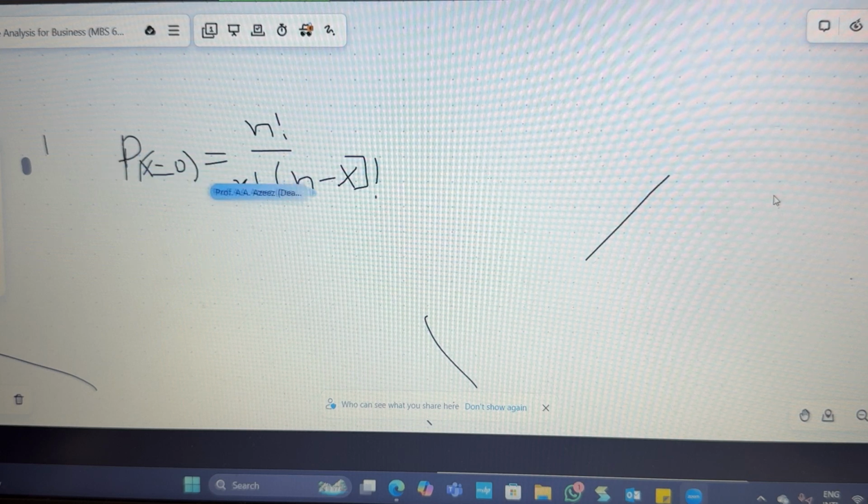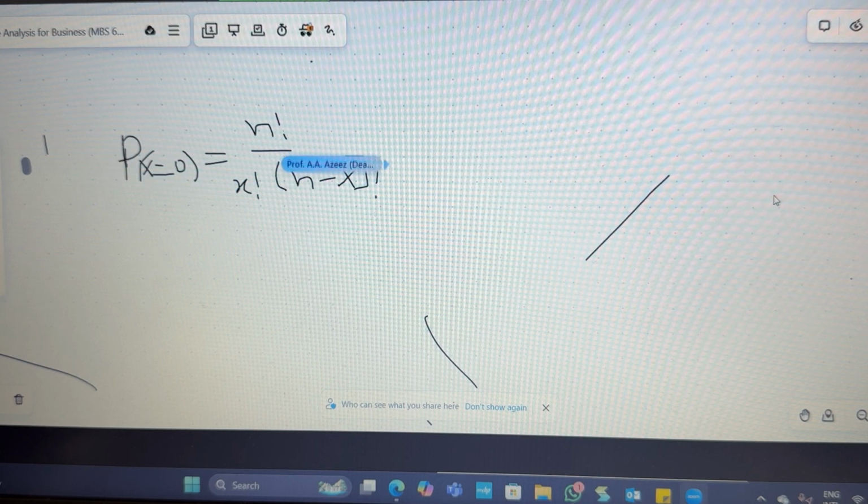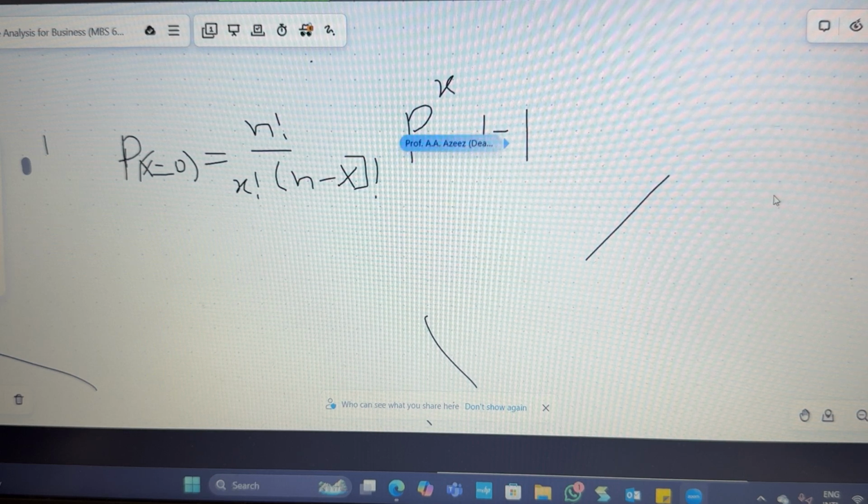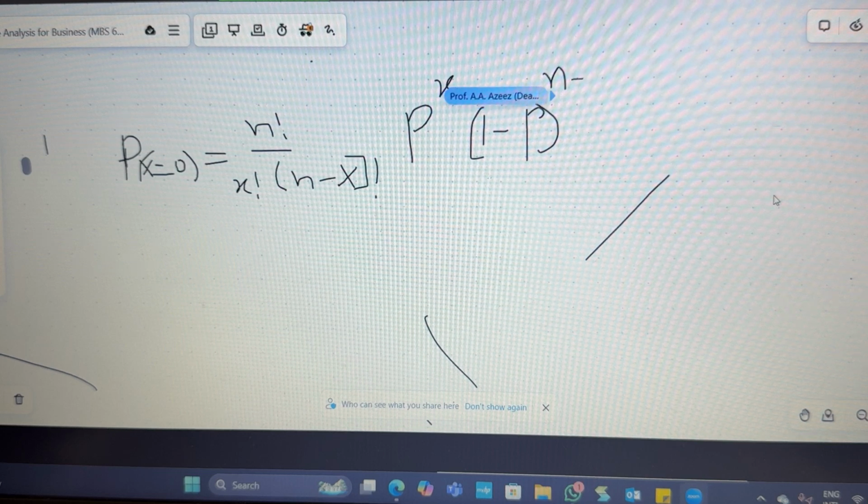So now this is the formula: P to the power x, then 1 minus P to the power n minus x.